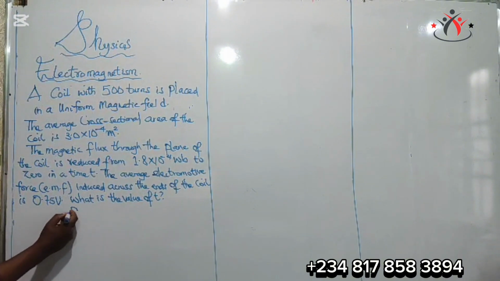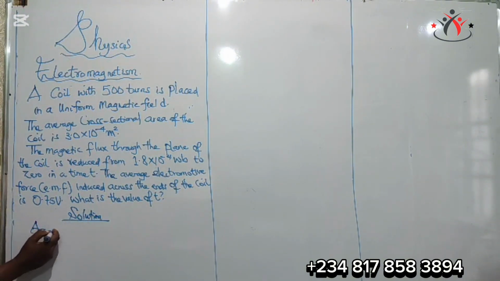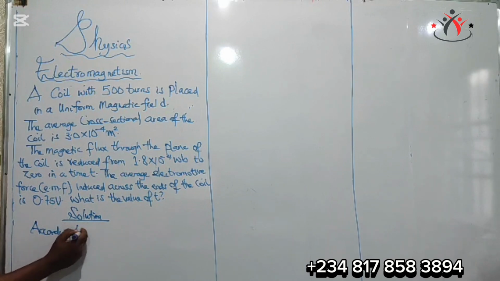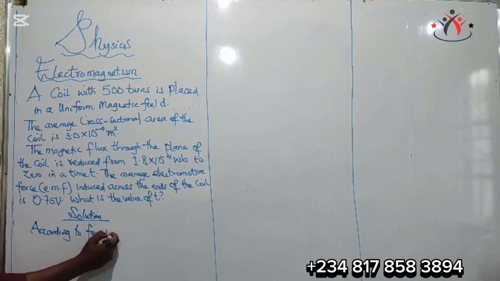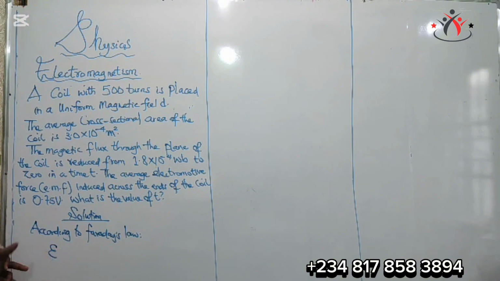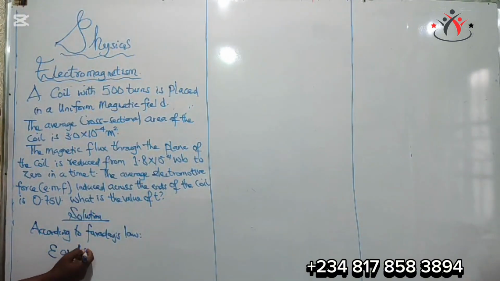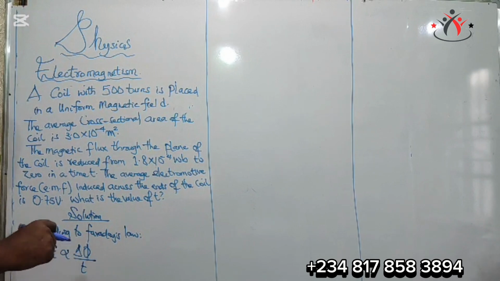According to Faraday's law, the induced EMF in a coil is proportional to the rate of change of magnetic flux linking the coil.